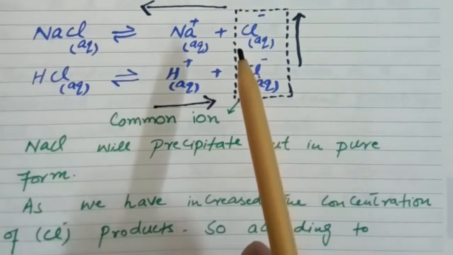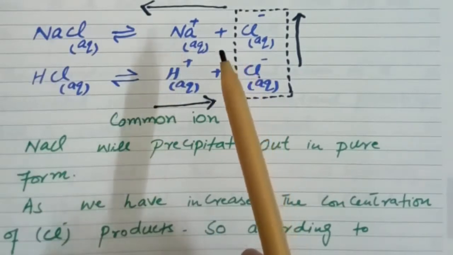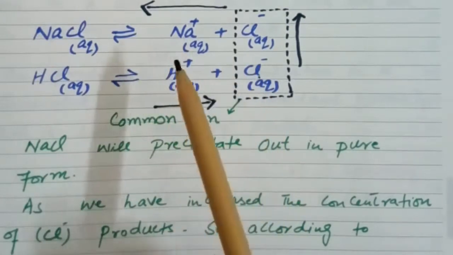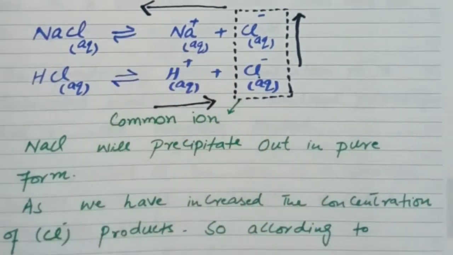Now the products are added to the sodium chloride solution, and it will move in the backward direction in order to minimize chloride ions, and it will attain equilibrium again after some time. But if HCl is added continuously, chloride ions will keep increasing, the reaction will move in the backward direction, and more sodium chloride will be precipitated from this solution.